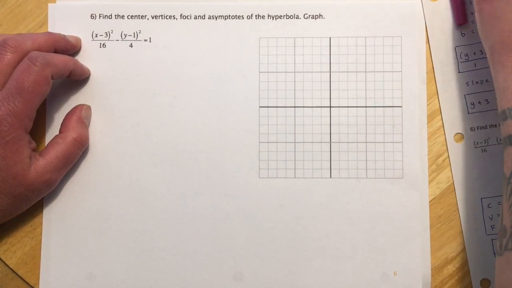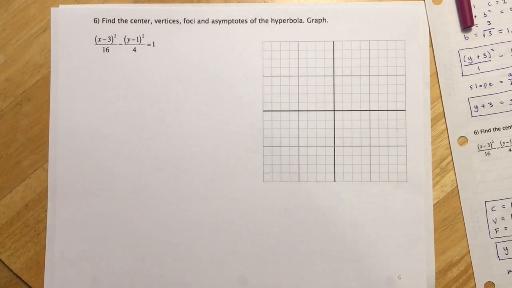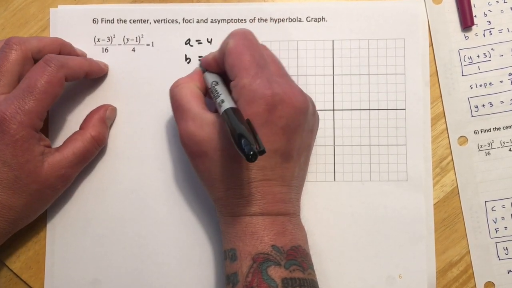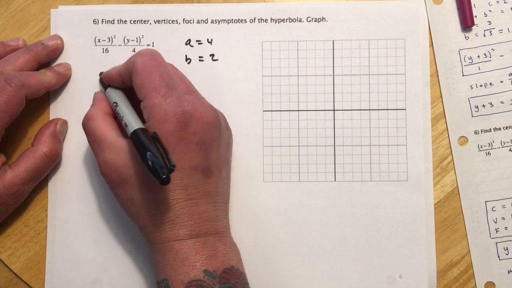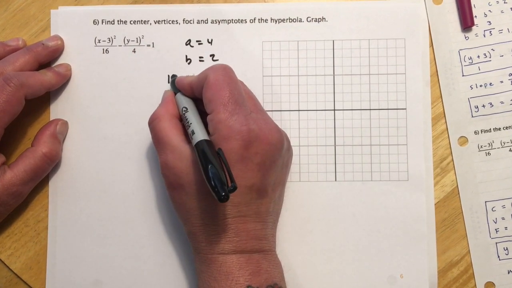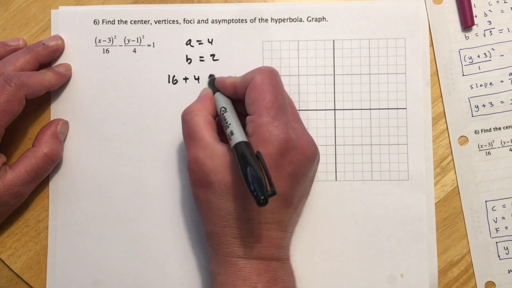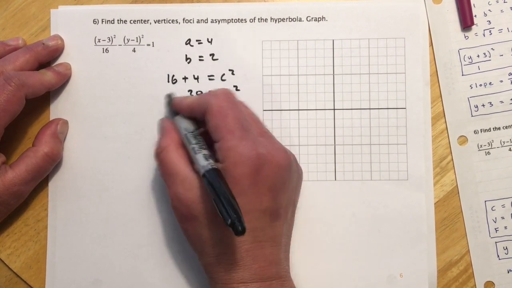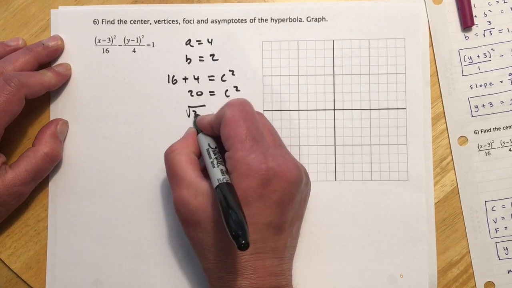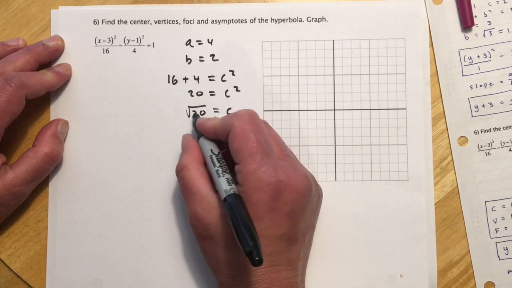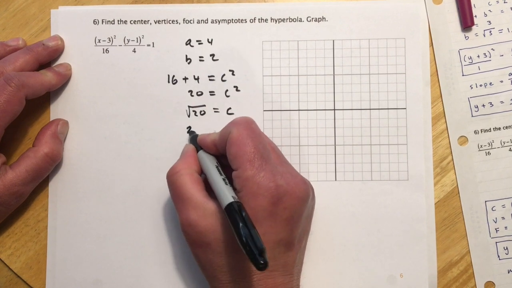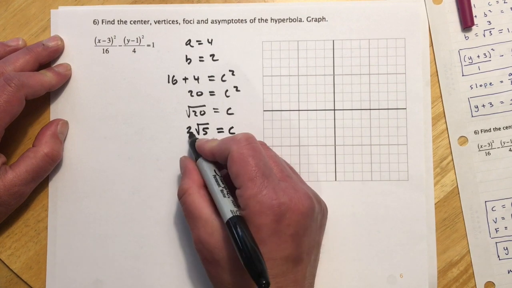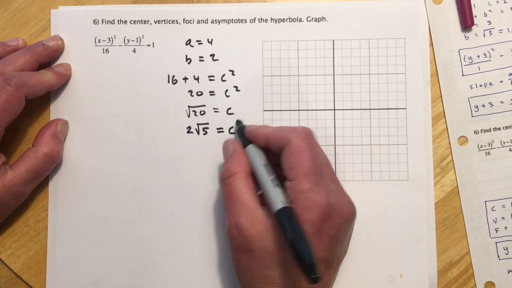So looking at this, we know a is 4, we know b is 2, and then c we can find by saying 4 squared is 16 plus 2 squared is 4, makes c squared, so 20 is c squared, root both sides, root 20 equals c, and then this simplified would be exactly 2 root 5. And for graphing purposes, that's about 4.5 or so.